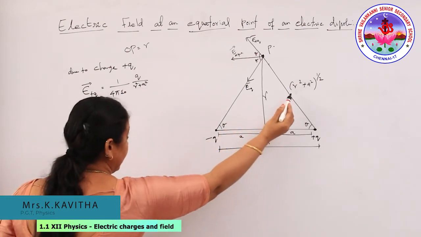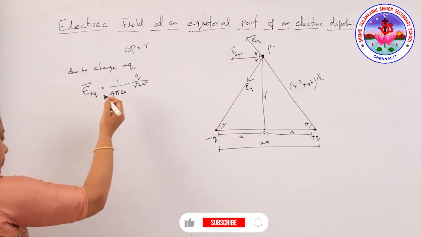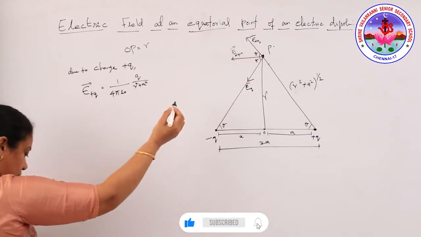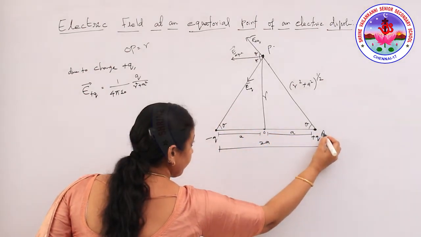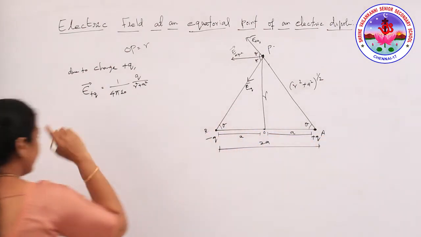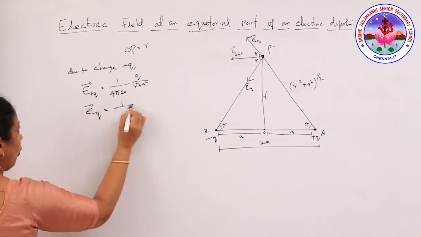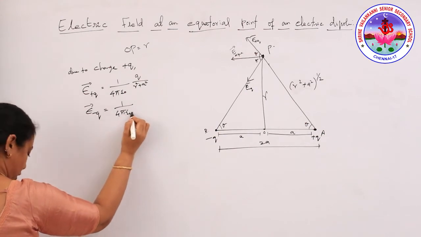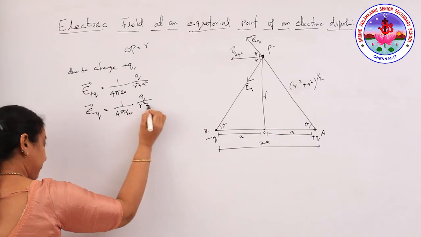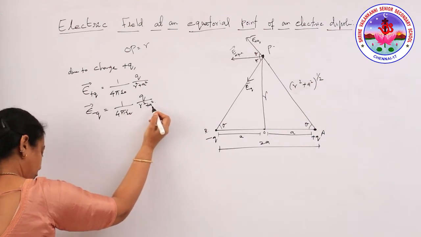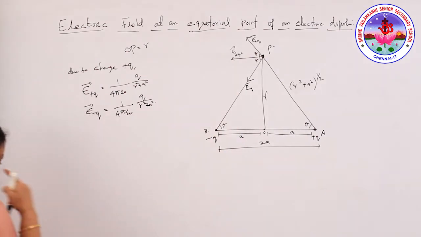You have to take the value for this plus Q along the PA direction, right. For minus Q, the electric field is 1 by 4 pi epsilon naught, Q by R square plus A square. This is for the direction along PB, right.